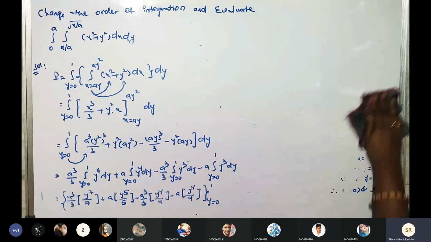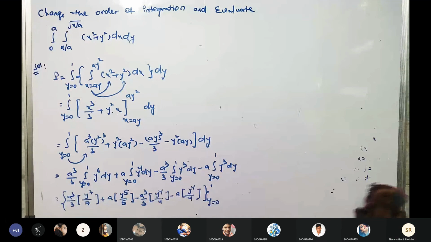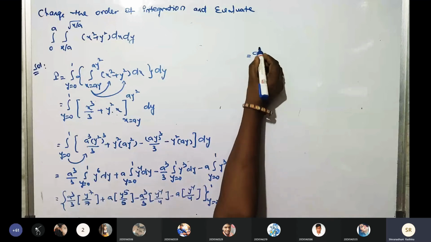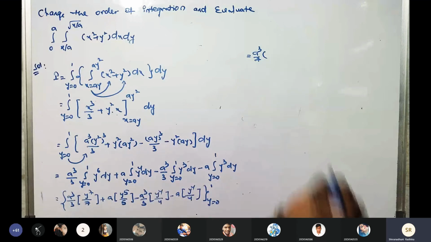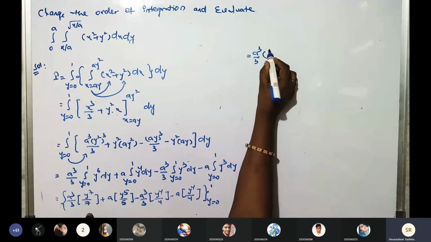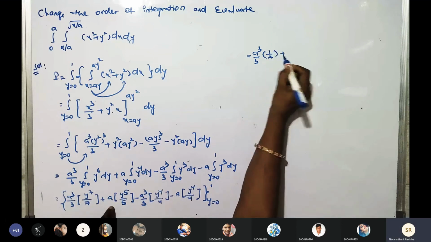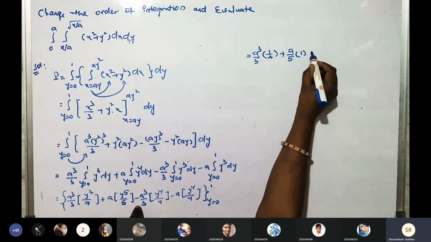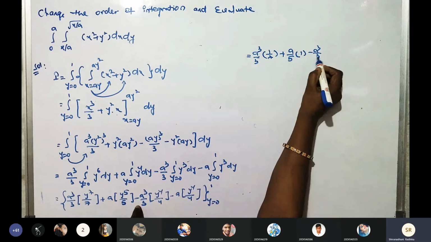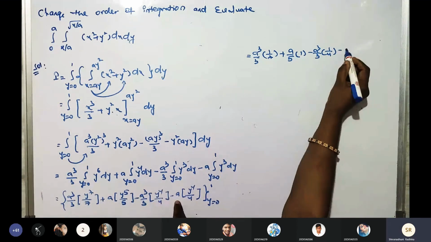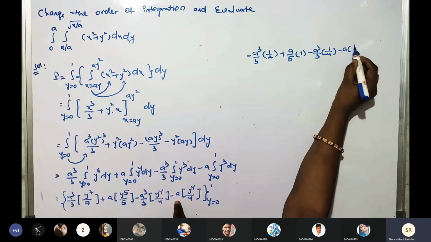Hello, are you following all of you? Substitute the upper limit here. So that equals a cube by 3 into 1 by 7, plus a by 5 into 1, minus a cube by 3 into 1 by 4, minus a into 1 by 4.